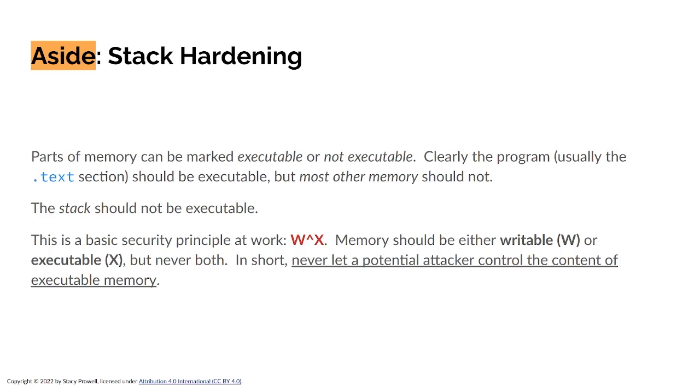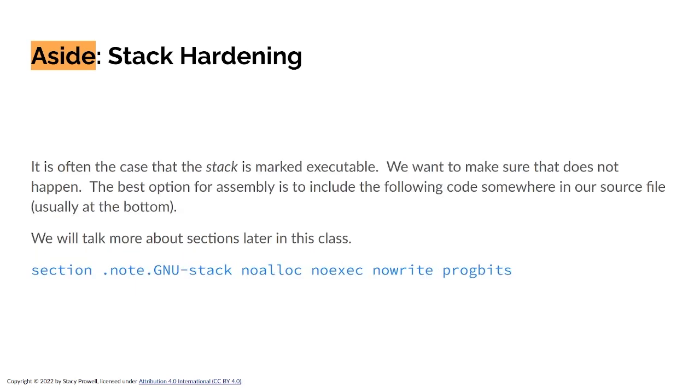Maybe. But it's a basic principle and it's a good principle that we should follow. So how do we do that? Well, in some cases, the stack has to be executable. There are some compilers that use the stack for trampolines, for this special code that you jump to that would cause a jump somewhere else. That's becoming less common because we're really restricting what can be executable.